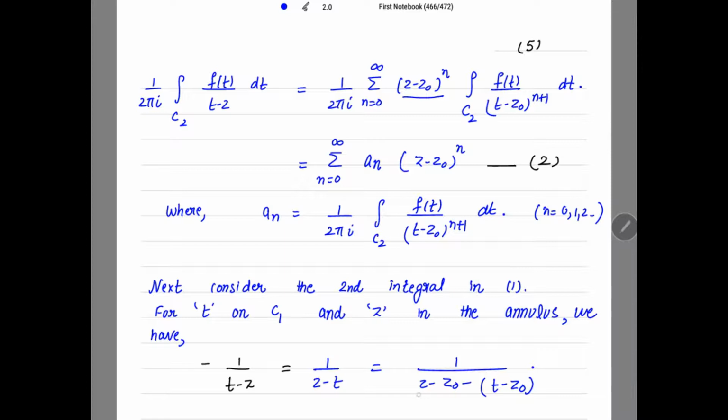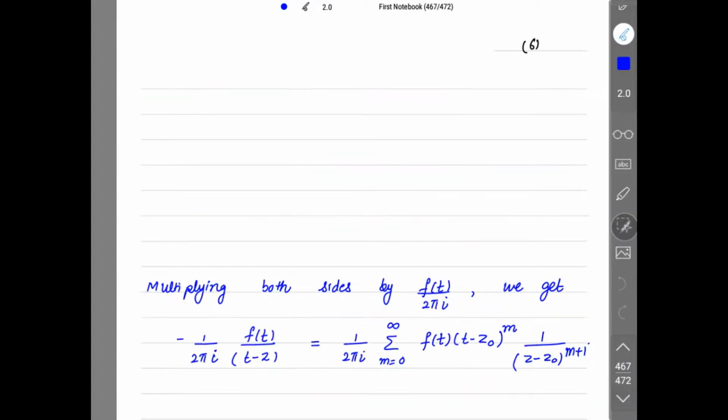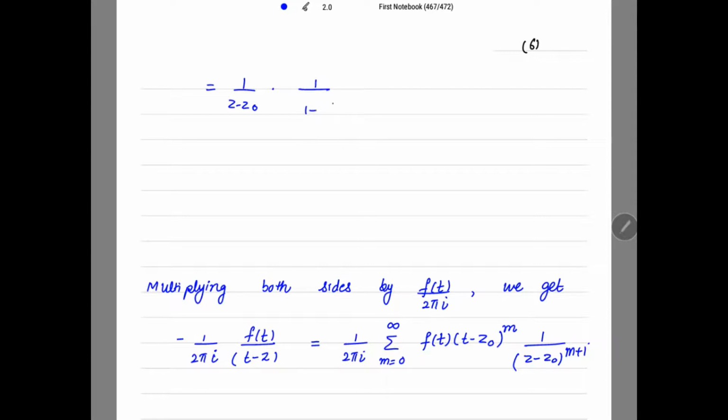Now again taking z minus z naught common from the denominator and taking the rest of the denominator to the numerator as an expansion. So this is equal to 1 over z minus z naught, 1 over 1 minus t minus z naught over z minus z naught.